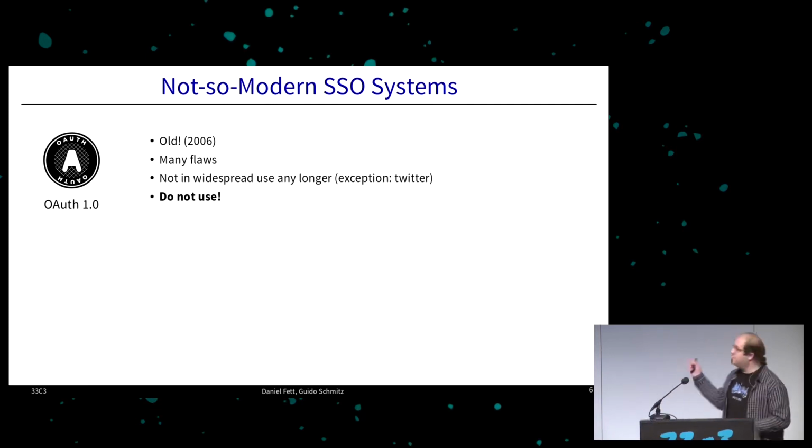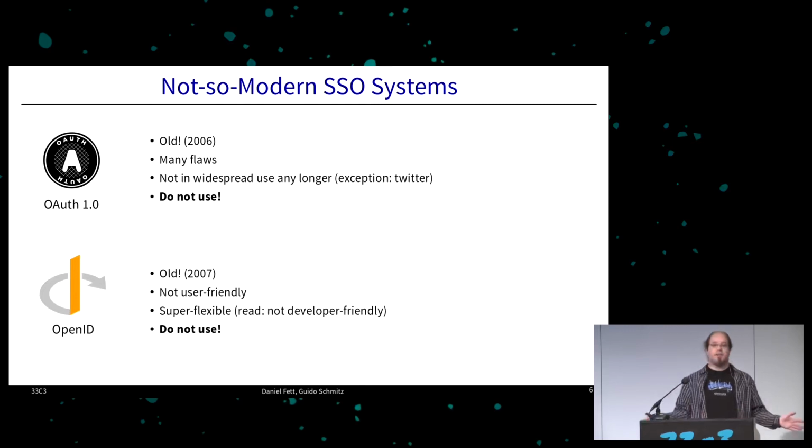So Twitter uses a modified version of OAuth 1, which more or less fixes all the known flaws. But in general, we can say don't use OAuth 1. There's also OpenID, which is also quite old, 9 years. It's not that user-friendly. It's a standard that's meant to be super flexible for every corner use case that the developers at that time thought of.